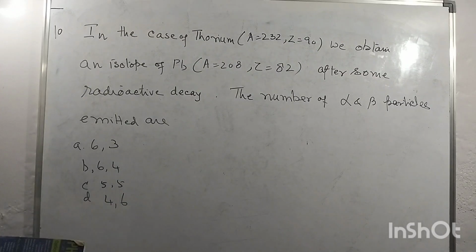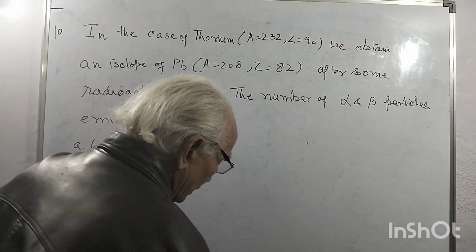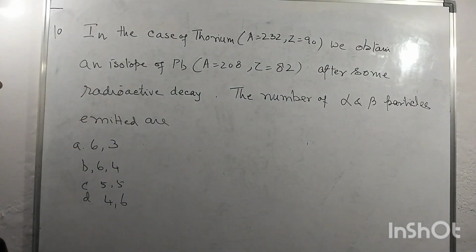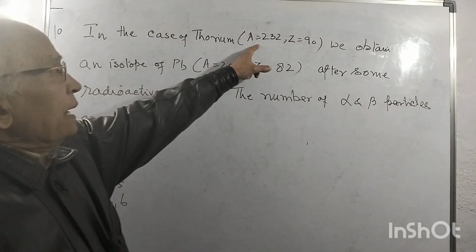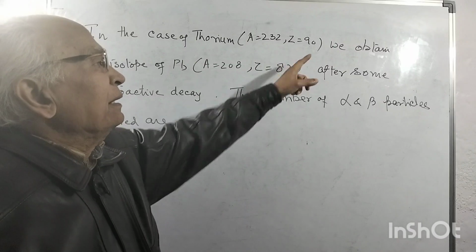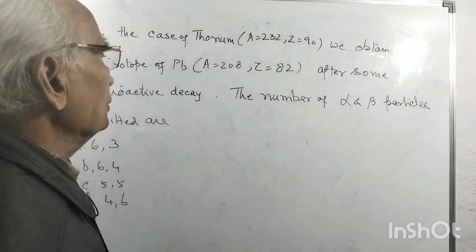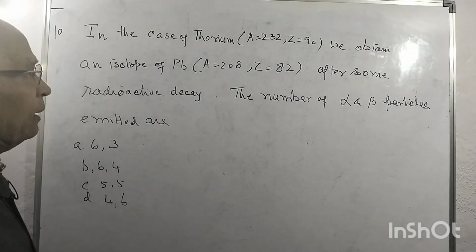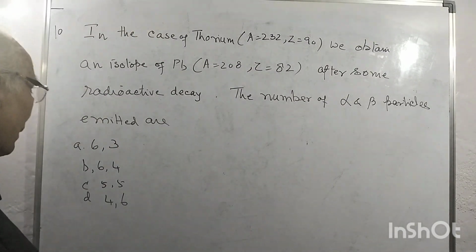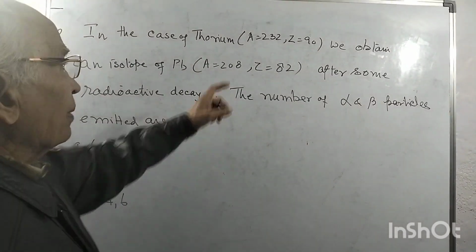How do we get the correct answer here, how many alpha particles and how many beta particles are emitted? A was 232, A is now 208 here. Z was 90, Z is now 82. And remember, when beta disintegration takes place, there is no mass change. The only mass change is in alpha decay.